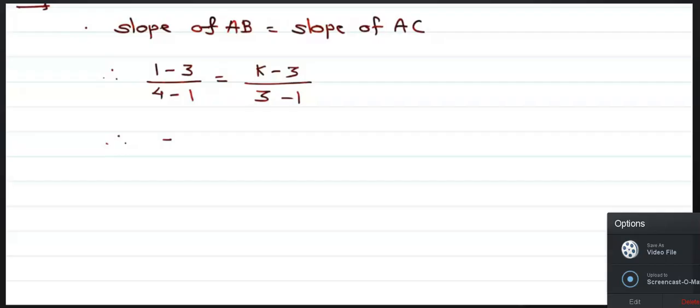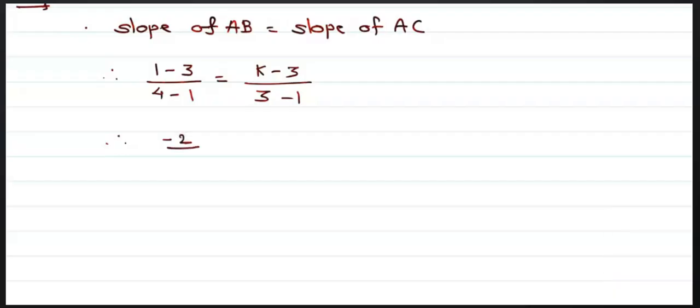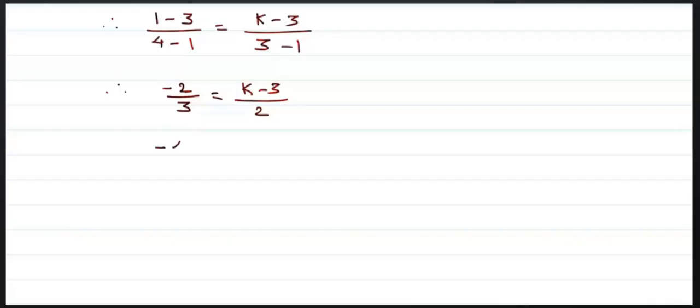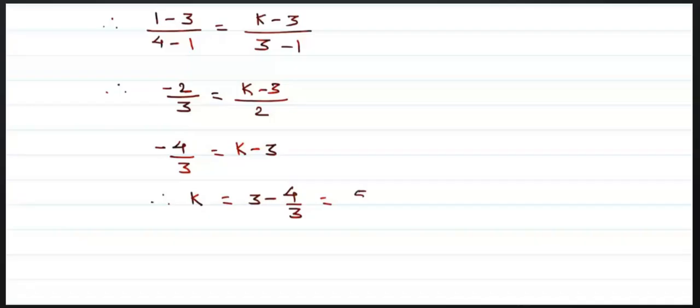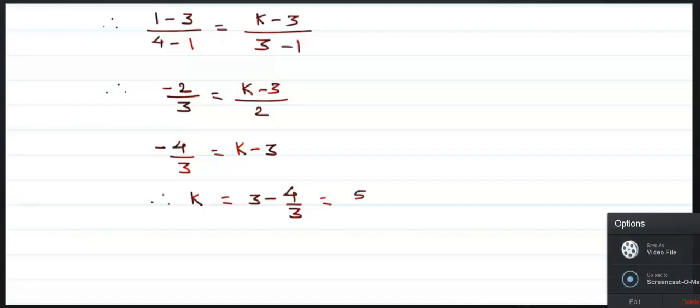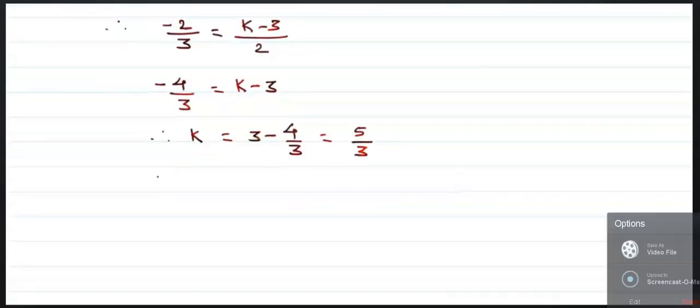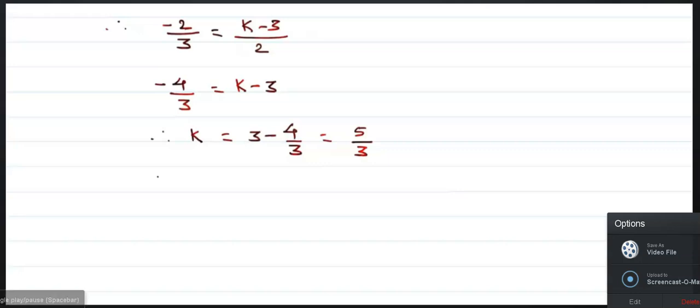Therefore -2 upon 3. Now simplify this. Therefore k is equal to 3 minus 4 upon 3. Therefore k is equal to 5 upon 3. The value of k is 5 upon 3.